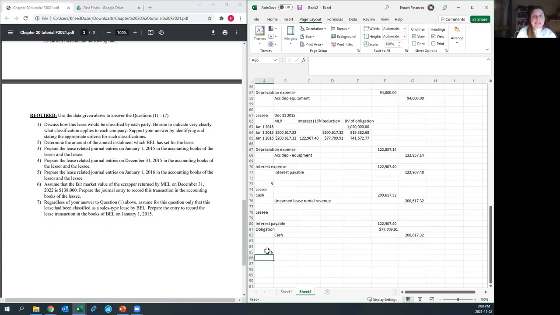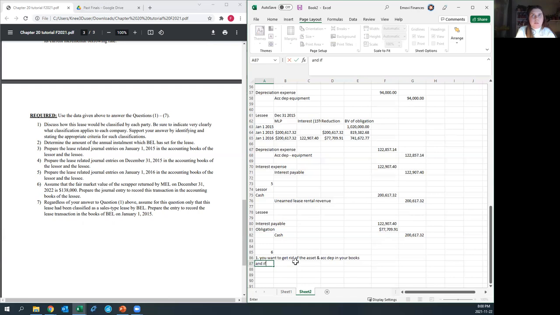So for question 6, assume that the fair market value of the equipment returned on December 31st, 2022 is $138,000. Prepare the journal entry to record this transaction in the accounting books of the lessee. So what's happening here is, one, you want to get rid of the asset and accumulated depreciation in your books.